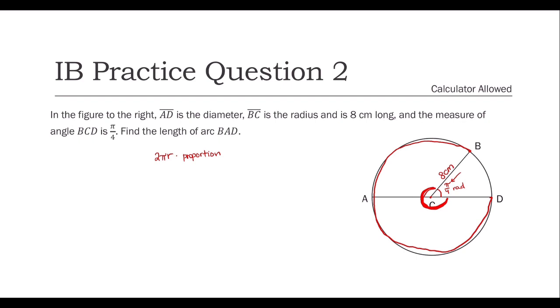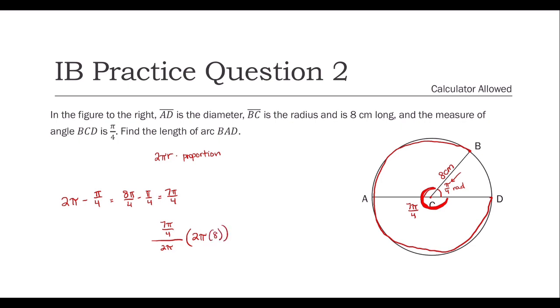So in an entire circle, you have 2 pi radians. So our angle is going to be 2 pi radians minus pi over 4 radians. So that's 8 pi over 4 minus pi over 4, which gives us 7 pi over 4. So that's this angle here. So we have 7 pi over 4 out of our 2 pi times 2 pi times r, which is 8 centimeters.